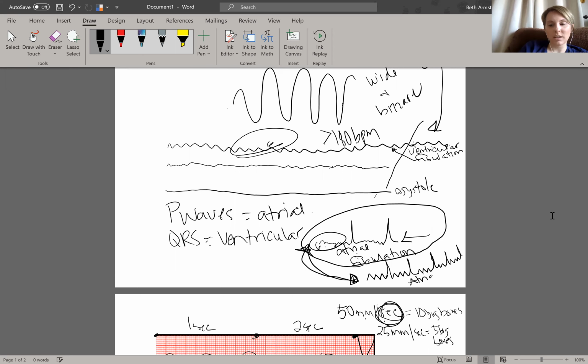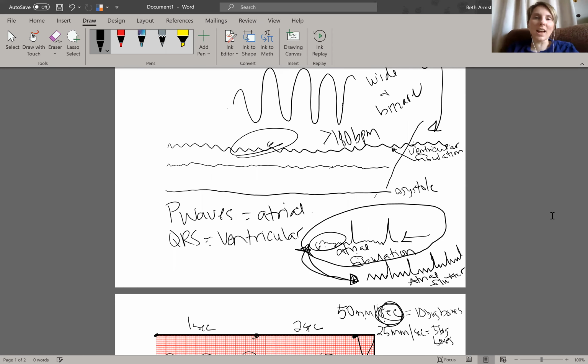Atrial, okay. And then what else could it be? This is a sawtooth. Let's start there. Fibrillation. Remember, this one's fibrillation. It starts with an F. Flutter, yeah.